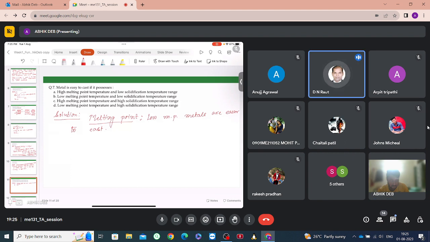High means we can pour the molten metal for as much time as we can, because the solidification rate is very slow. I hope you are understanding what the solidification temperature range is. So, what is the solidification temperature range? Can you tell me?